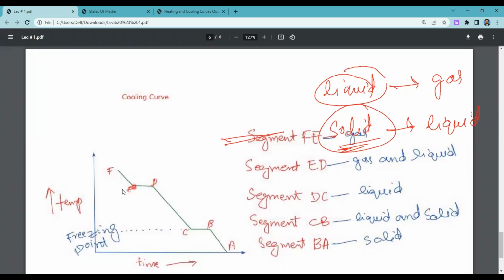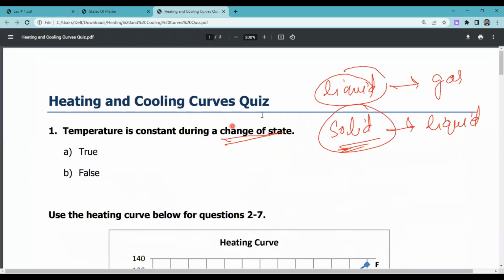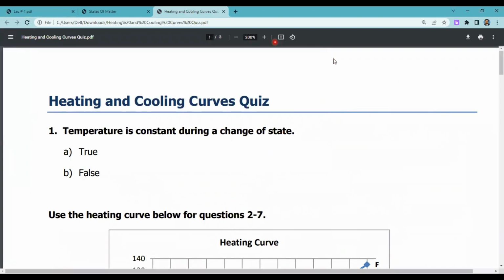This is a change of state. It means the temperature is not increasing. Therefore, this statement is correct: temperature is constant during change of a state.